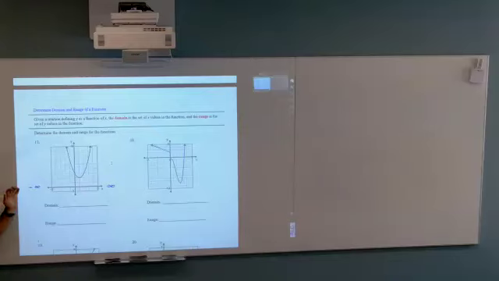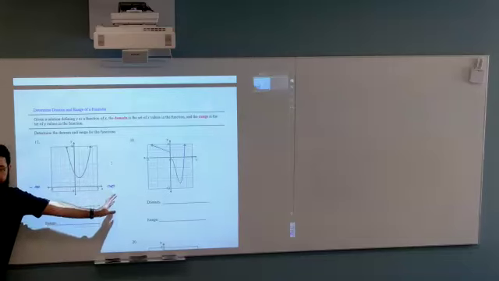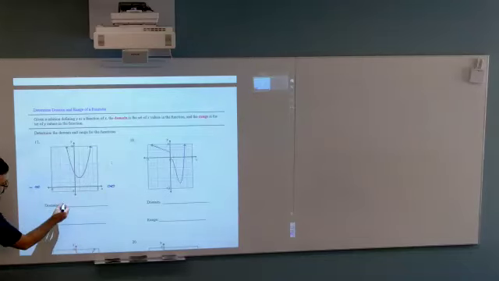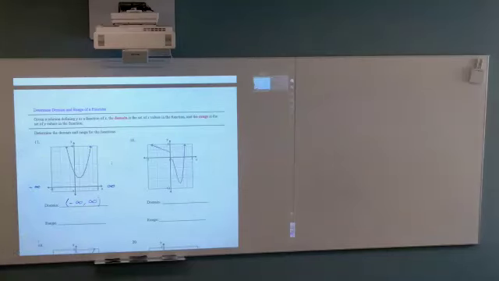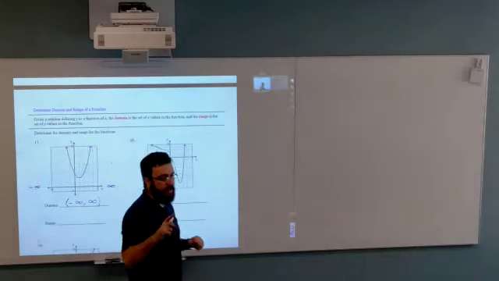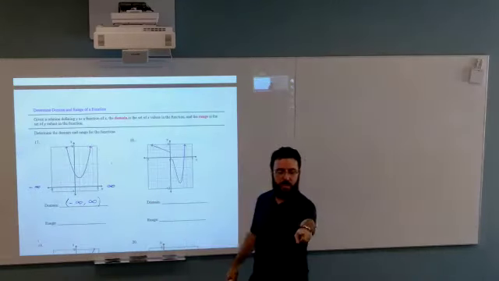Always write down the domain from the left to the right. And always parentheses with the infinity. There's no bracket with the infinity. When you see the infinity, you have to put parentheses, not a bracket. The range, how much is the range?